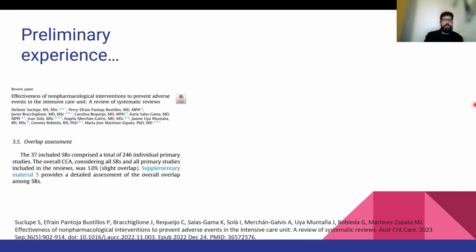And here we have the overlap assessment: 37 systematic reviews, 246 primary studies. The overall CCA, considering all systematic reviews and all primary studies included in the reviews, was 1%. Pretty low, actually. When you say 1%, you say, okay, this is pretty low.